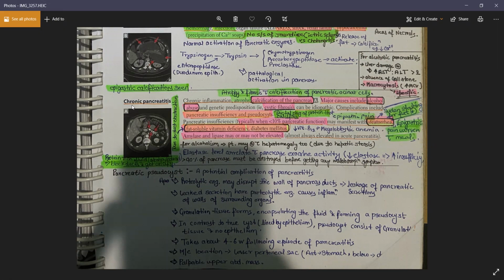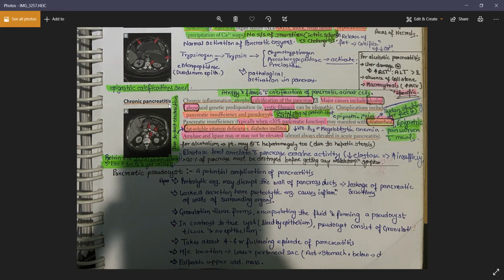It happens because of duct blockage. You have many pancreatic ducts in the pancreas, and when the smaller ducts get blocked, it causes inflammation at a very small area only, and atrophy of that area. That's why a low-grade inflammation happens throughout the months, and that can cause chronic pancreatitis.